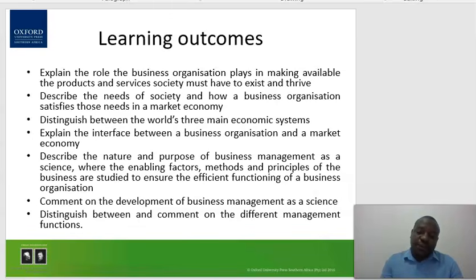So we'll also look at how it relates with other disciplines, what the differences are between business management and other disciplines such as economics, such as cost accounting, and so forth. Then you also ought to be in a position to comment on the development of business management as a science.